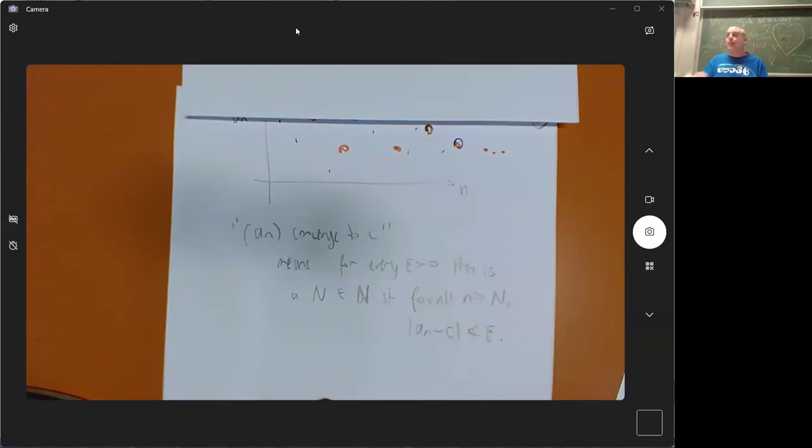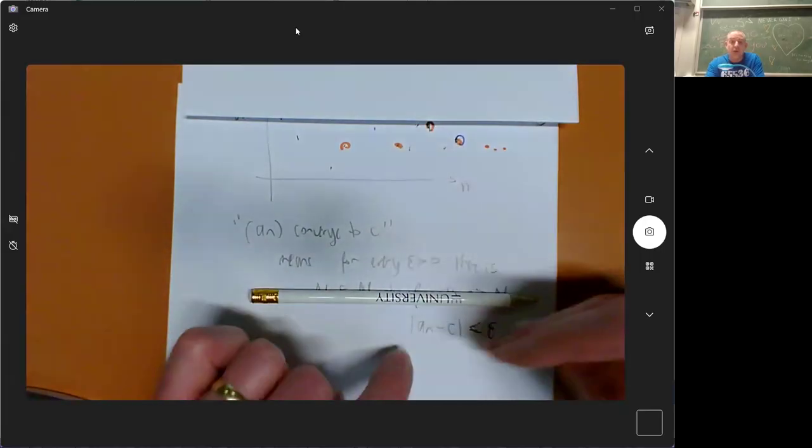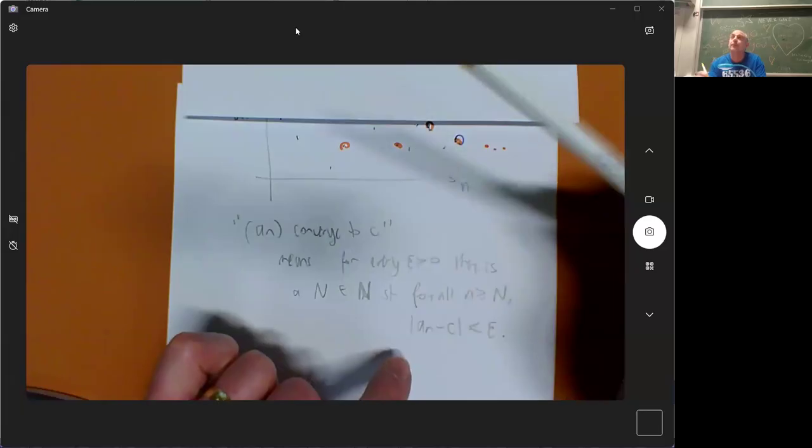Yep. So if we want to show that a_n converges to C, we're going to have to start with let epsilon be greater than 0, convince the reader that there's an N that works, and then get to the end there. So we're going to have to tell them what N is, and then show that this comes out to be less than epsilon.